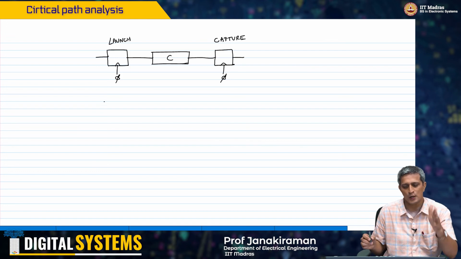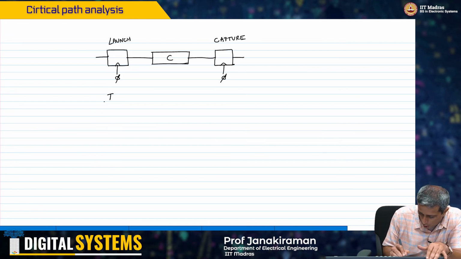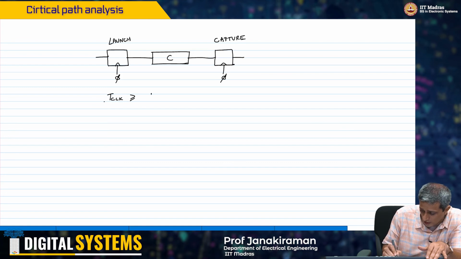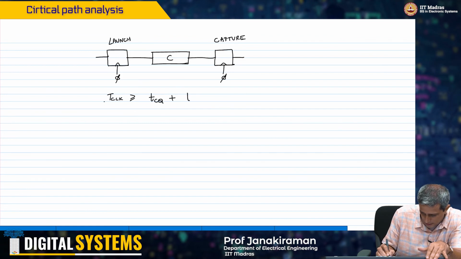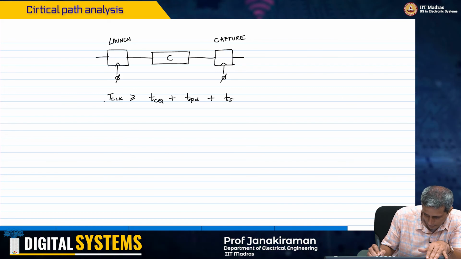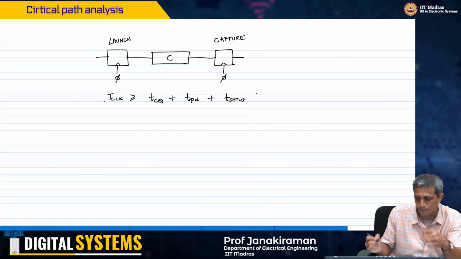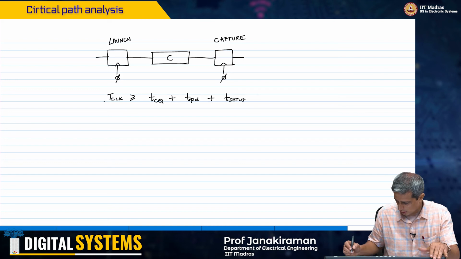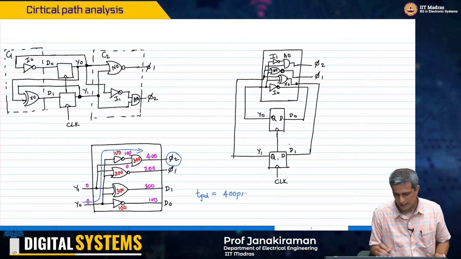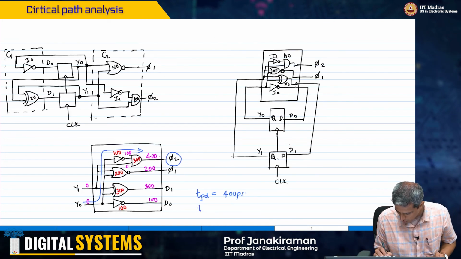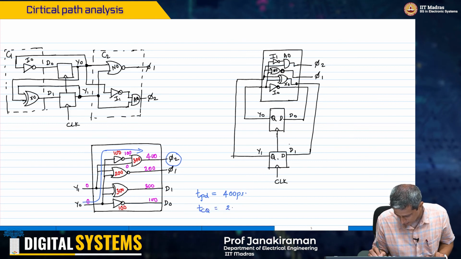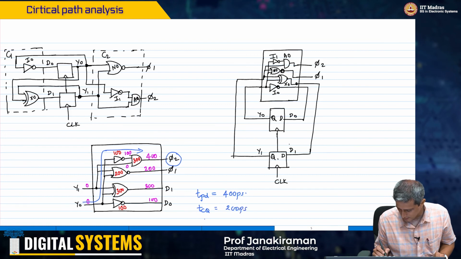In any case, the T clock here should be greater than or equal to the TCQ of the launch flop plus the propagation delay of the combinational block plus the T setup of the capture flop. So we'll assume here that TCQ is about another 200 picoseconds.